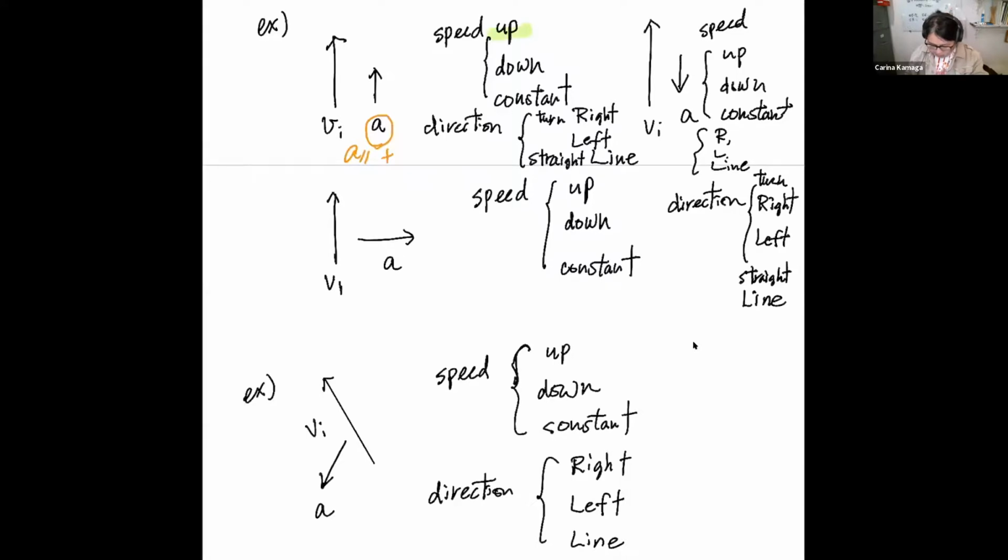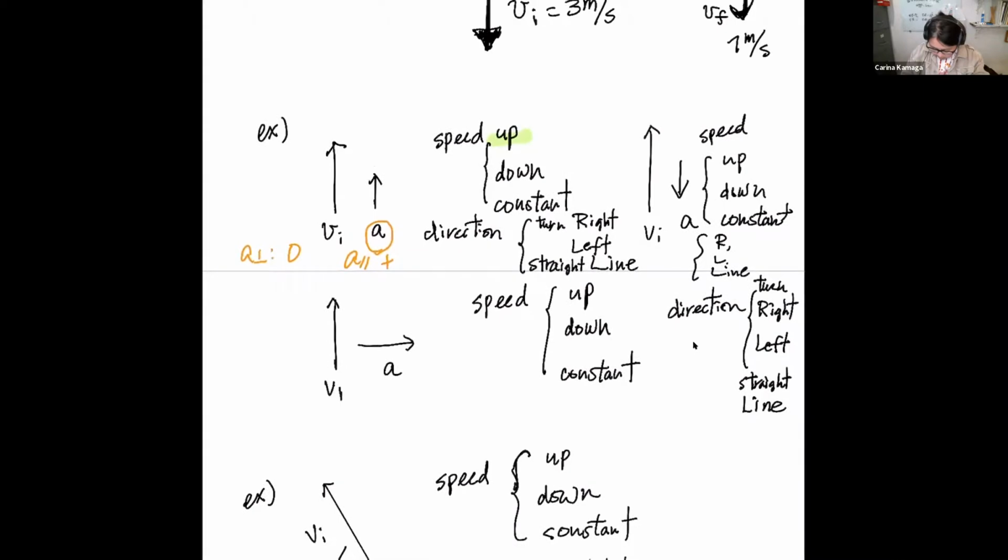There is only a parallel component. Is there a perpendicular component? Any perpendicular component to the velocity is 0. What it means here is that, let's say you have a velocity, and then I write out an A like this, a vector.